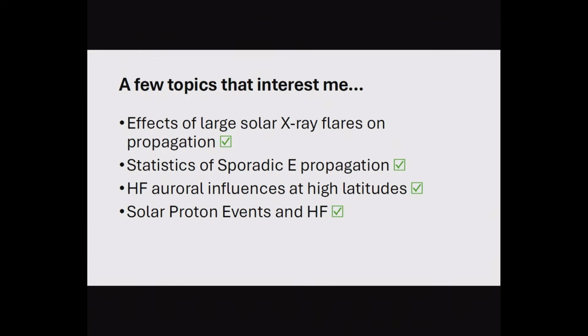Sporadic-E is one of those topics that still has some science questions associated with it: what is the mechanism producing Sporadic-E? Then HF auroral influences, looking at high latitude propagation, and solar proton events, those really big solar events that cause absorption in HF in particular.